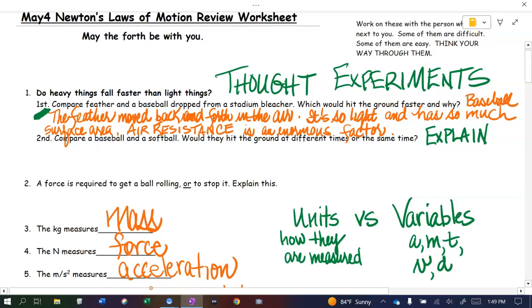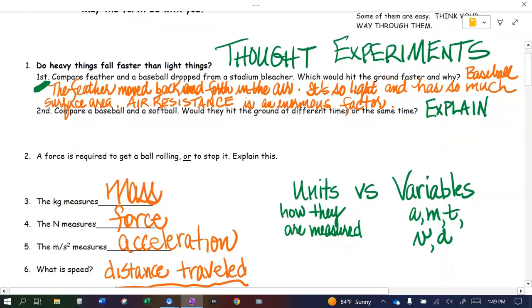All right, the second one says compare a baseball and a softball. So a baseball is about this big, and a softball is about that big. I think I probably have the size right, but both are fairly heavy. All right, the two balls are not identical in weight, but similar.